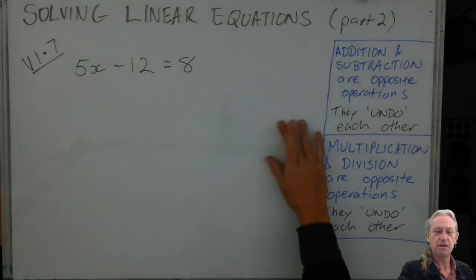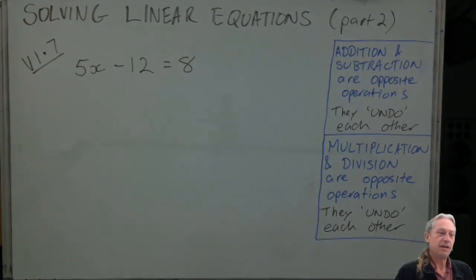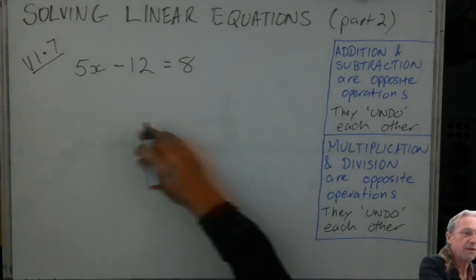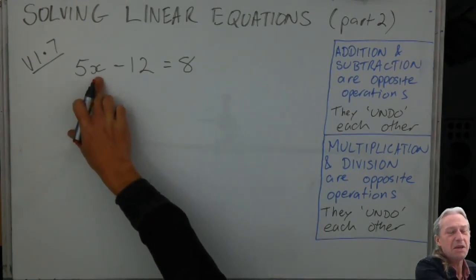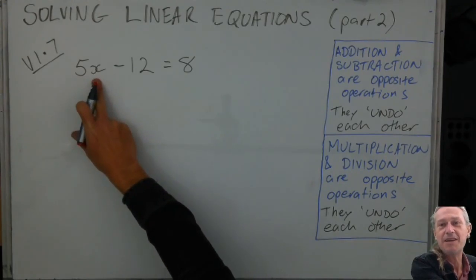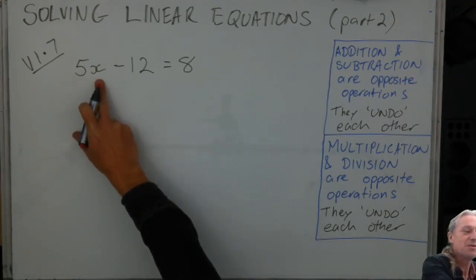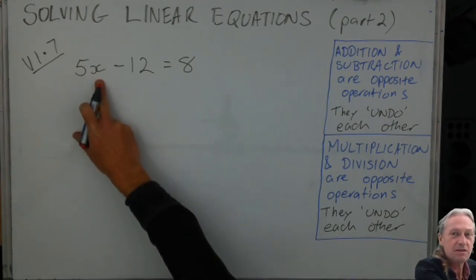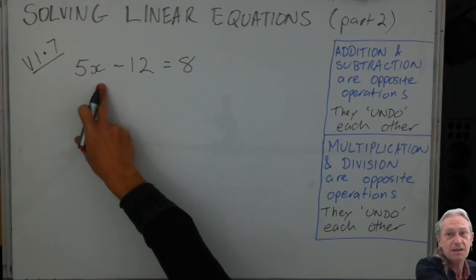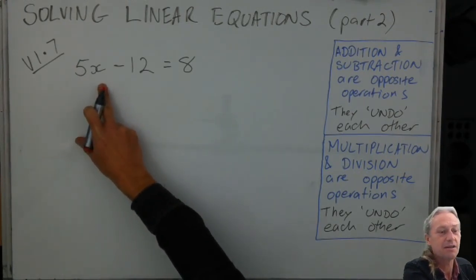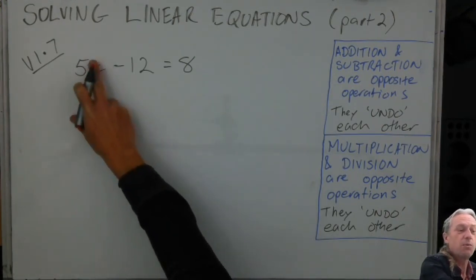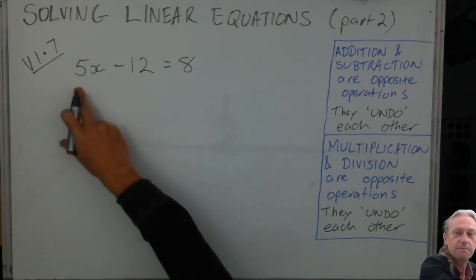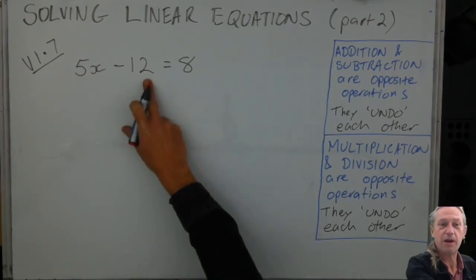So sometimes a way to think about it is to stand where the x is and work out what happens to the x in the order that you would calculate it to reach 8. Really the first thing we would do is multiply by the 5, and then we would take away the 12.